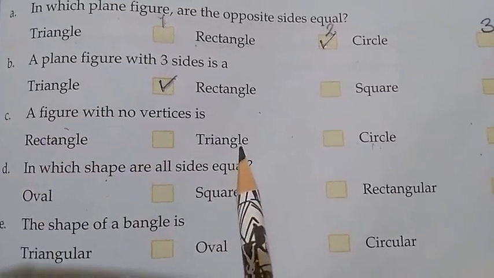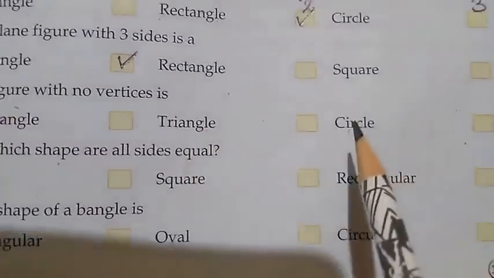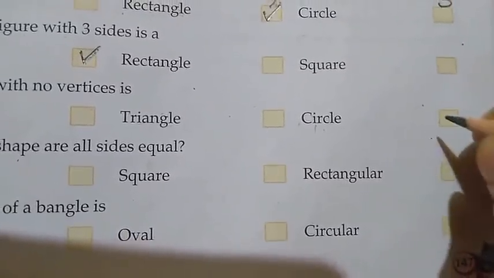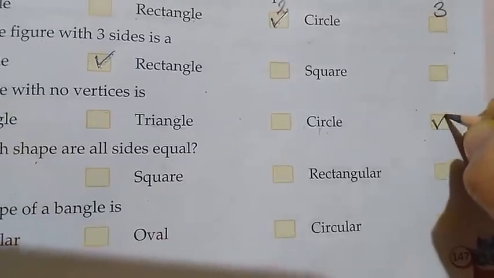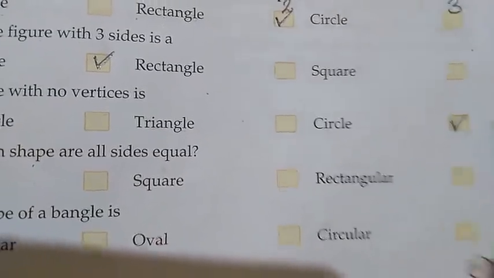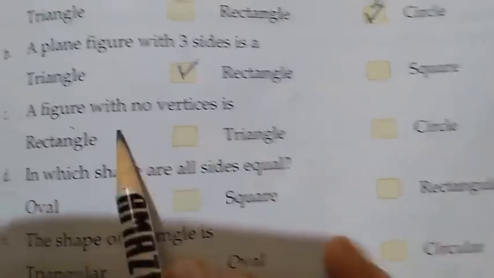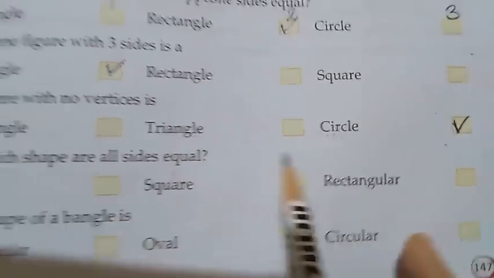A triangle has 3 vertices, that means 3 corners. And a circle does not have any vertices, it does not have any vertex. So tick on the third option. Circle is our correct answer here. A figure with no vertices is circle.